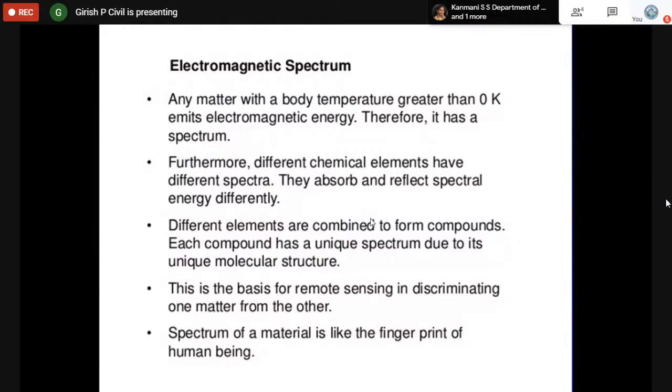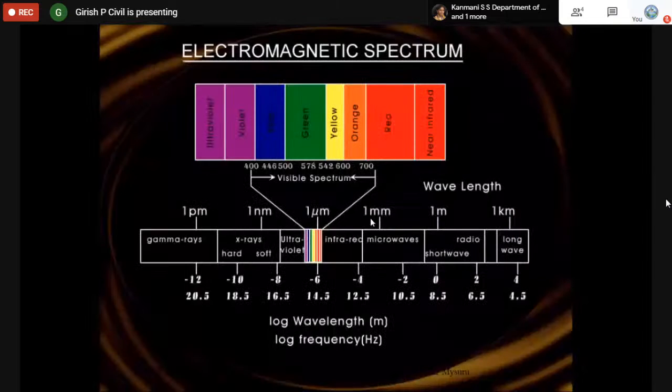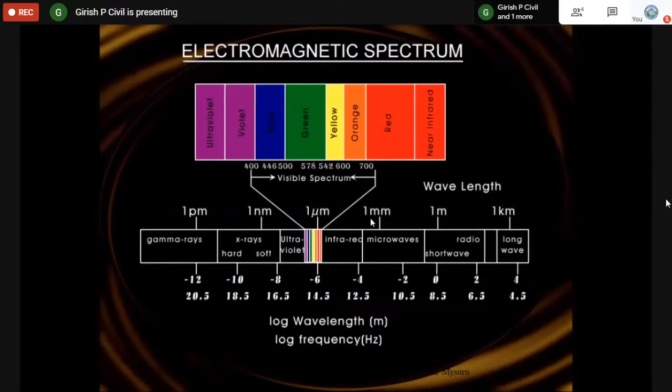Most of the time, different elements are combined to form a compound. Each compound has a unique spectrum due to its unique molecular structure. With this base, we have the electromagnetic spectrum. There are various portions of the spectrum: gamma rays, X-rays, ultraviolet rays, infrared rays, microwaves, radio waves, longer waves.